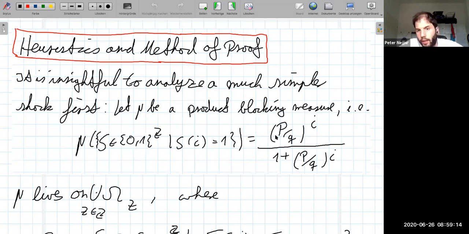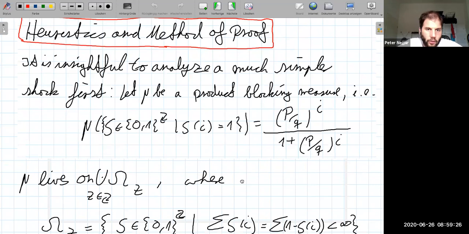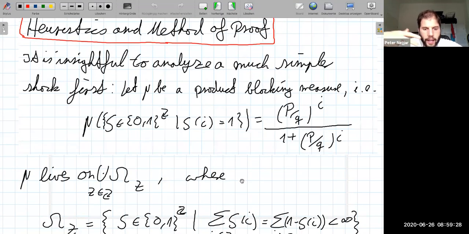If you send I to plus infinity, this quotient goes to 1. If you send I to minus infinity, this quotient goes to 0. So for mu, the density of particles becomes 1 if you go to the right, and it becomes 0 if you go to the left.